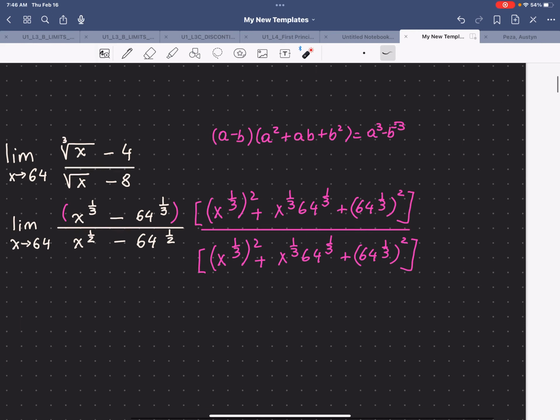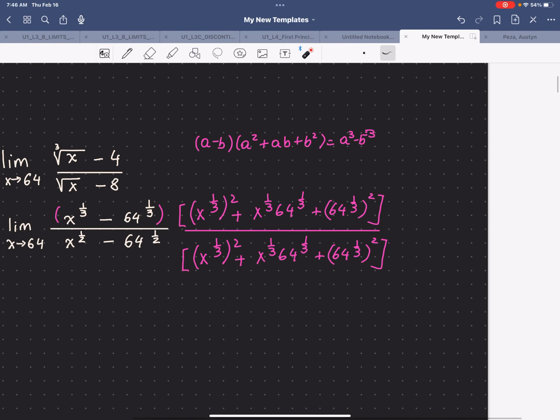Now, similarly, what we have in the denominator is x to the power 1 over 2 minus 64 to the power 1 over 2. And what we want to obtain is exactly x minus 64, which means that we want this term to be squared and this term to be squared in order to have x minus 64. Now, what can bring something squared minus something squared, or the difference of squares?